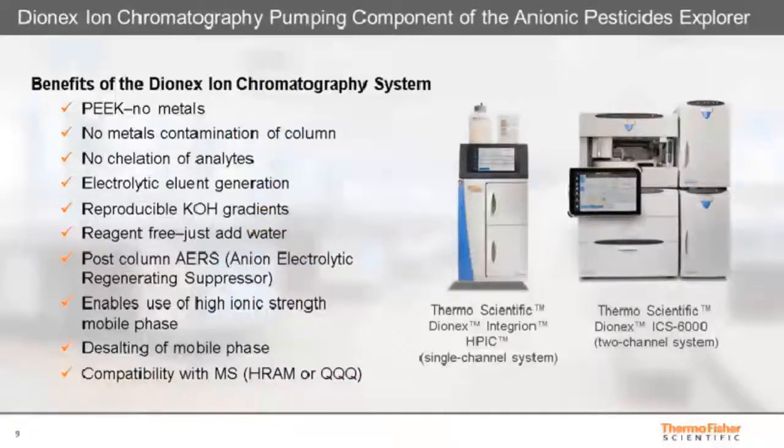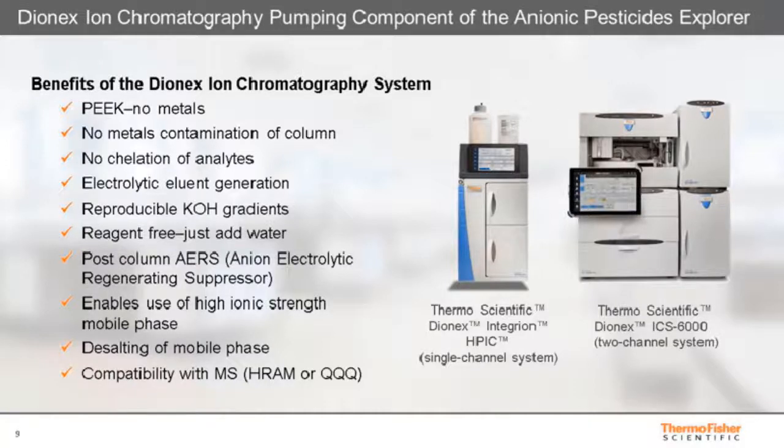The other advantages of the Dionex ion chromatography systems are related to the inertness of the systems, achieved using PEEK and no metals along the whole analyte pathway. The metal-free IC systems eliminate the issue of chelation of polar analytes by metal ions leaching from LC systems, while the reagent-free electrolytic eluent generation removes the tedious preparation of the mobile phase.